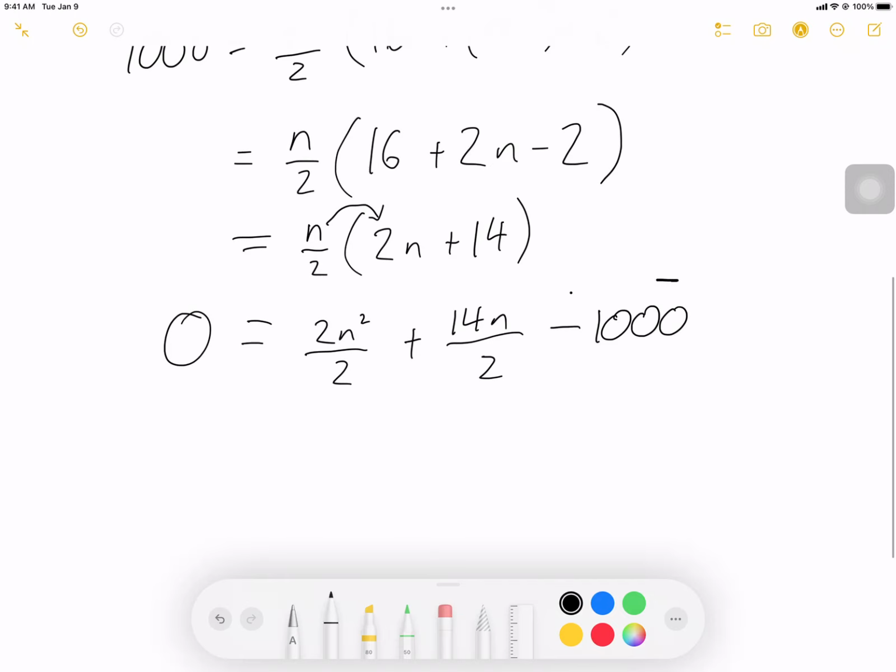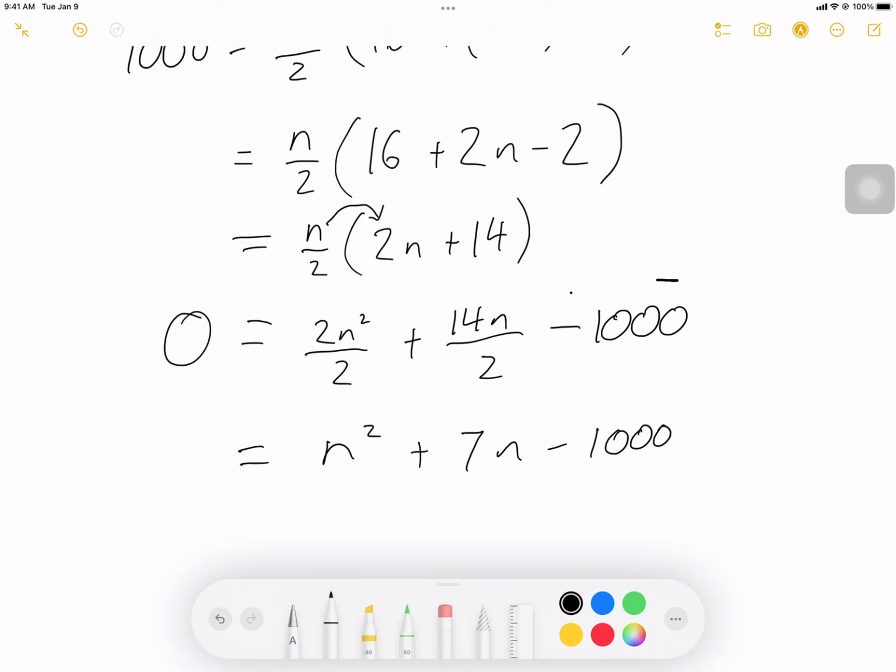If I subtract 1,000, it's no longer equal to 1,000, it's now equal to 0. So where am I up to now? Okay, I can simplify that down a bit. I've got n squared plus 7n minus 1,000.